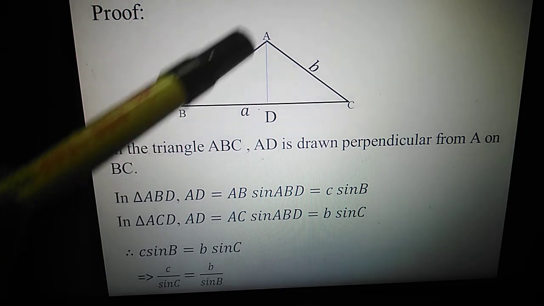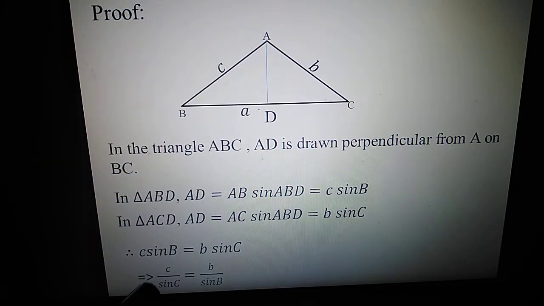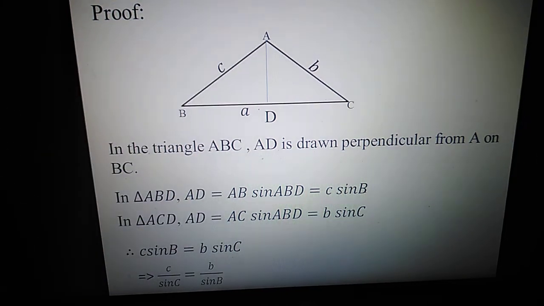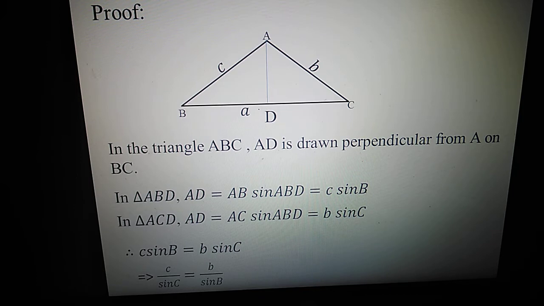We get this line: c by sine C equals b by sine B. We have drawn AD perpendicular to BC and got this result.